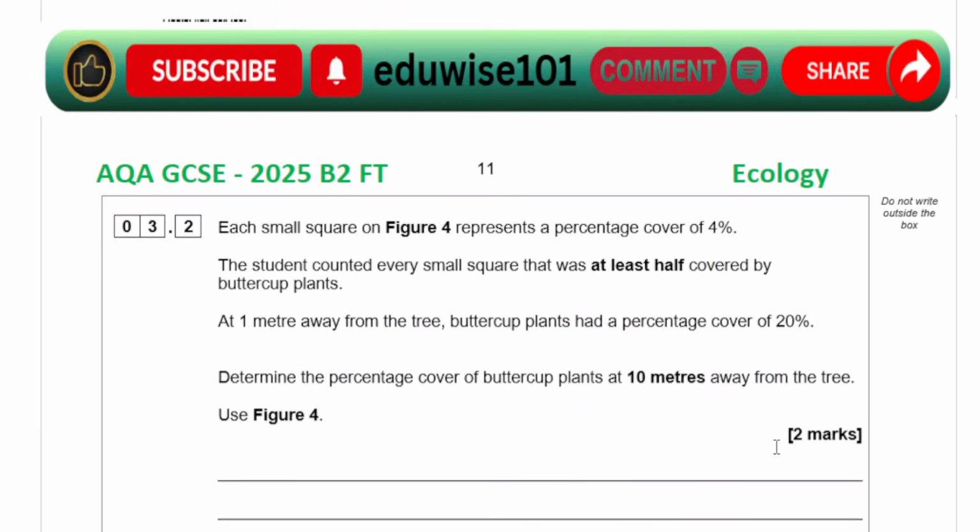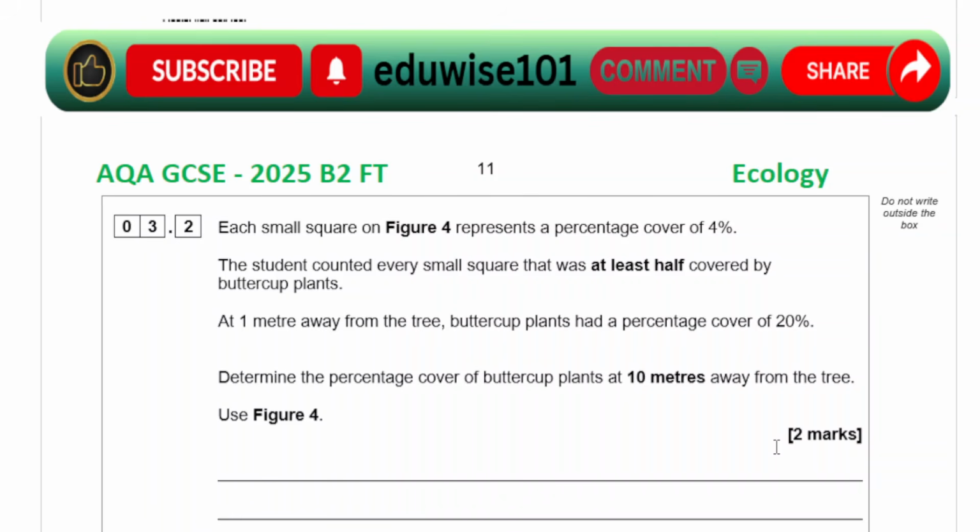Each small square on figure 4 represents a percentage cover of 4%. The student counted every small square that was at least half covered by buttercup plants. 1 meter away from the tree, buttercup plants have a percentage cover of 20%. Determine the percentage cover of buttercup plants at 10 meters away.